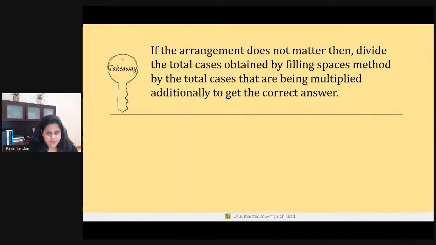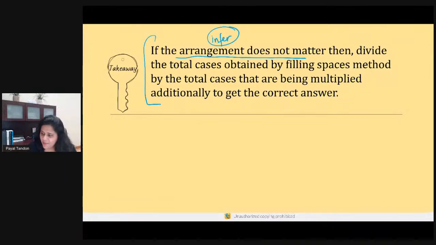Now, the takeaway over here: if the arrangement does not matter, and again, this is something which you have to infer from the question statement, whether selection is required or not, or whether arrangement is required or not, you need to infer that. As you're reading the question statement, you need to draw those inferences.